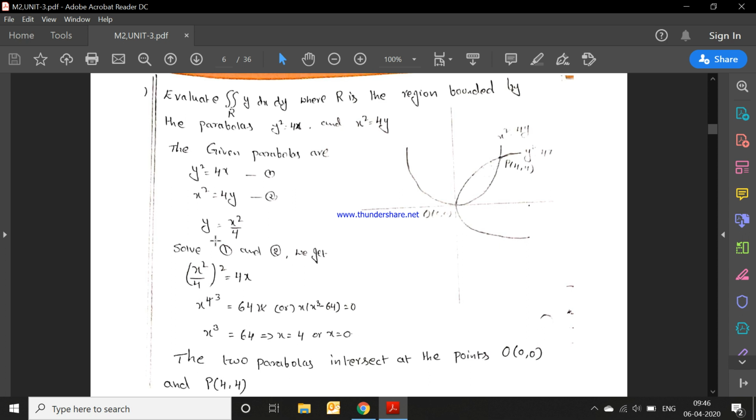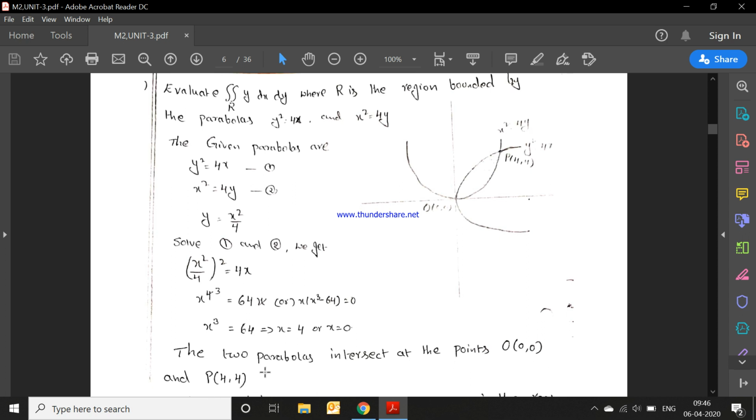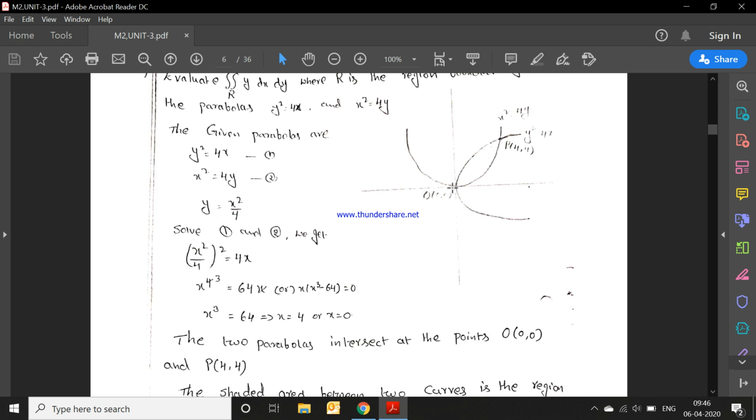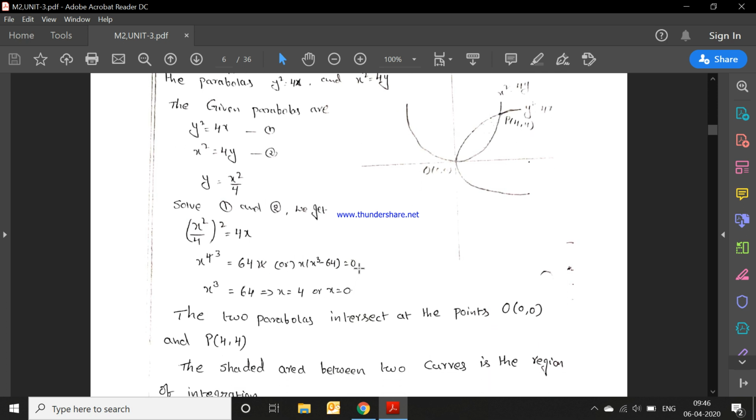If you substitute x is equal to 0, y is equal to 0. If you substitute x is equal to 4, 4 square by 4, the y value is also 4. So the two parabolas intersect at the points 0, 0 and 4, 4.